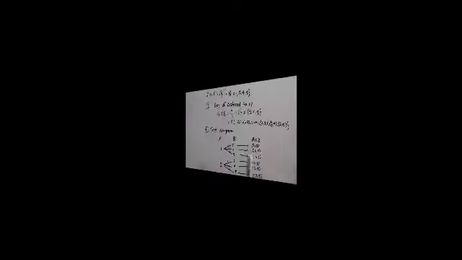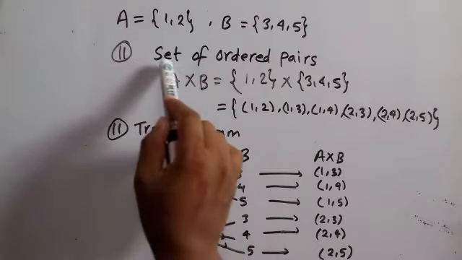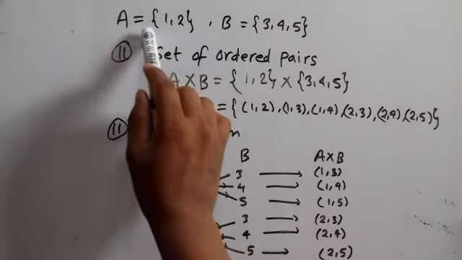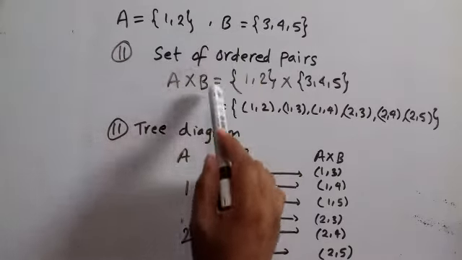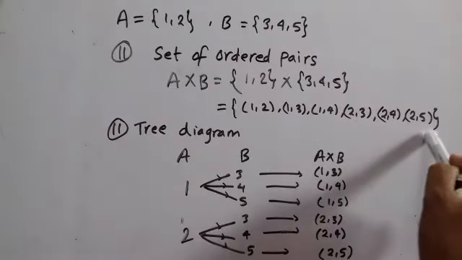Let us take two sets A and B as we have taken before. At first we have found Cartesian product of set A and B in the form of set of ordered pairs. This we have done before also.